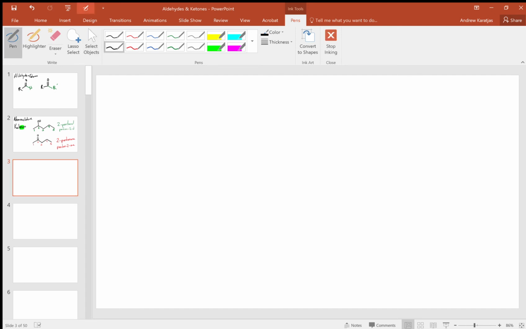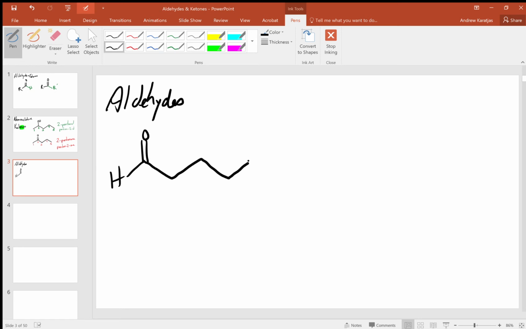Now, what about aldehydes? Well, aldehydes are actually a little bit easier. And the reason that aldehydes are a little bit easier is because an aldehyde is always the end of the chain.